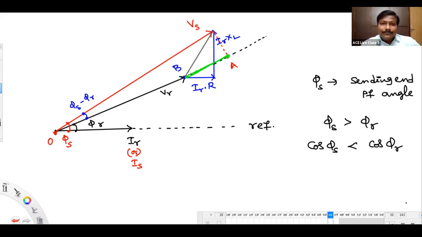IR into Z. This point B we have shown, A, okay, C, D. This is point C, and this is point D. How does the BCD triangle look to you? It's a right angle triangle. Not only that, it is identical to the impedance triangle.